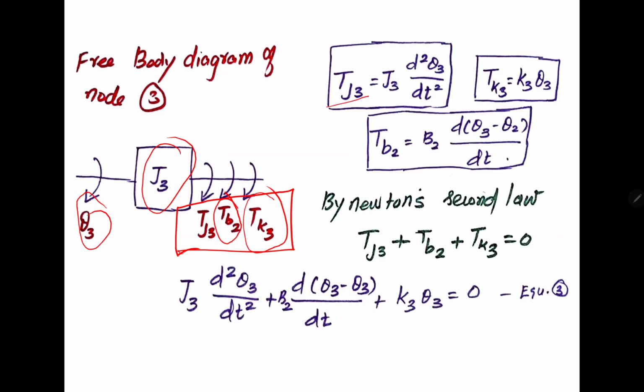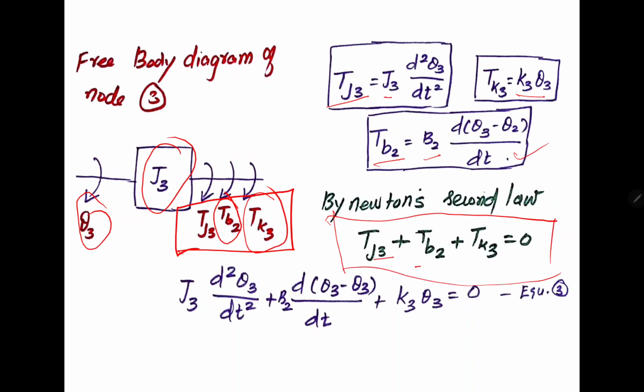Tj3 is equal to J3 into d square theta 3 by dt square. Tk3 is equal to K3 into theta 3. Tb2 is equal to B2 into d of theta 3 minus theta 2 by dt. By using Newton's second law, the sum of opposing torque is equal to 0 because there is no applied torque.